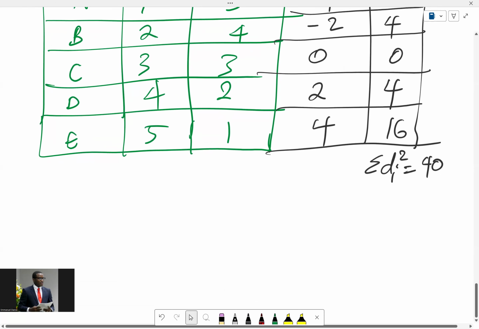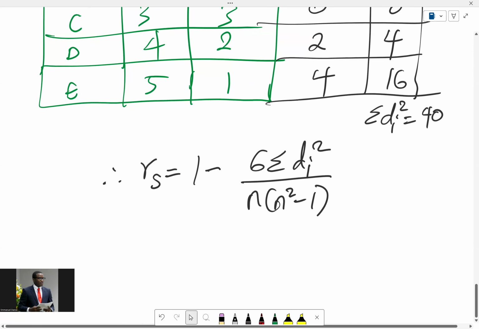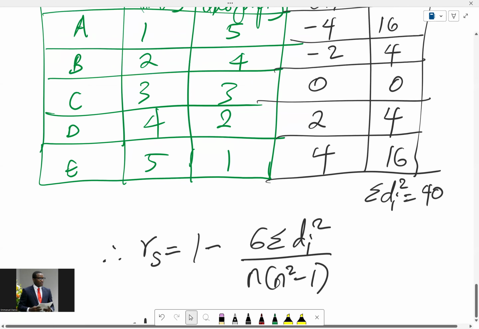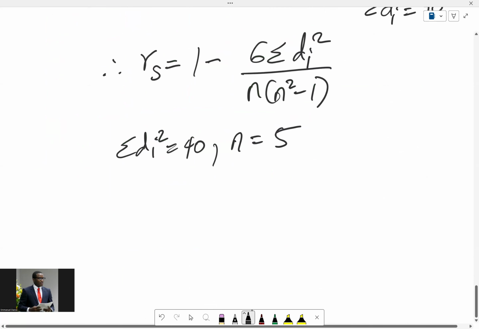Now we can say, therefore, rho or rs, the Spearman rank, is 1 minus 6 summation di squared all over n times n squared minus 1. Summation di squared is 40, the sum of the squares of the differences, and n is 5 pairs again.